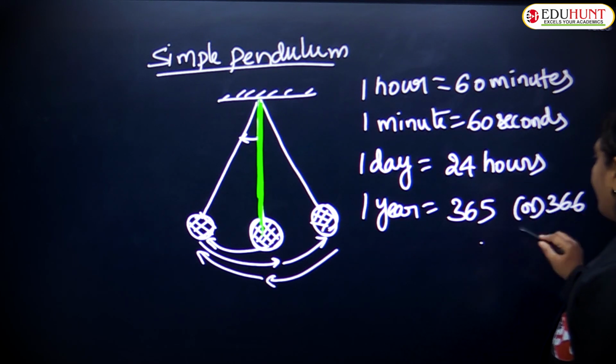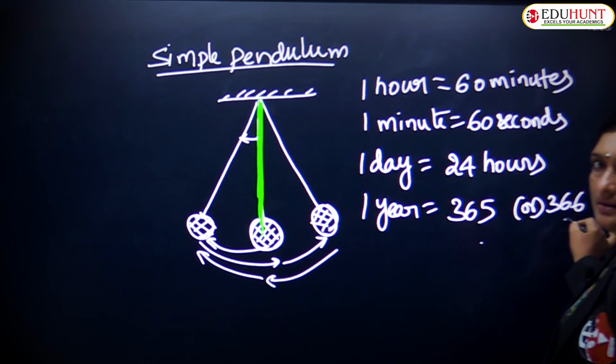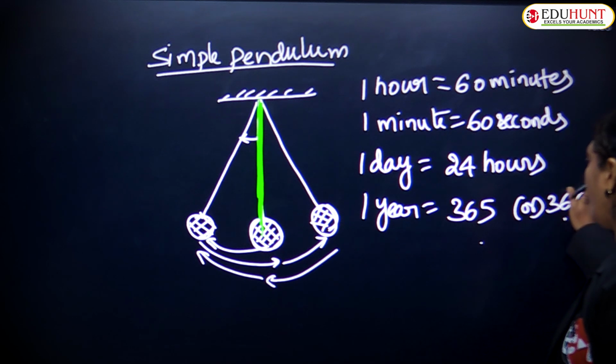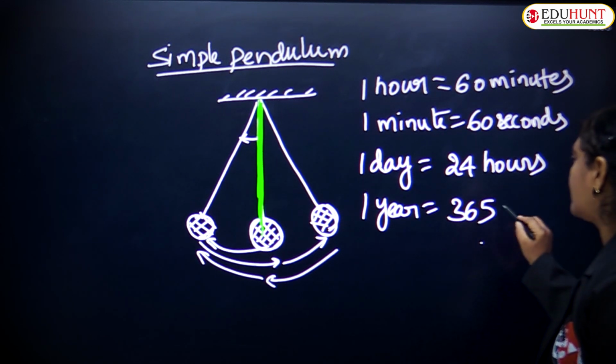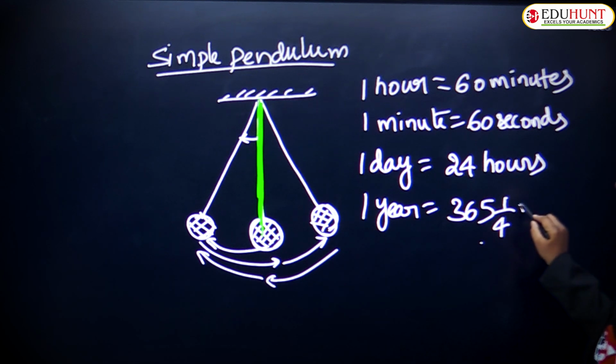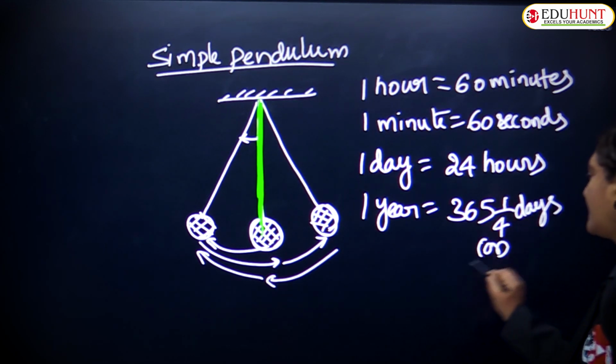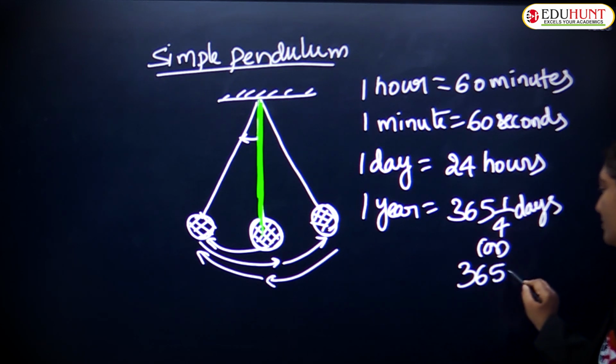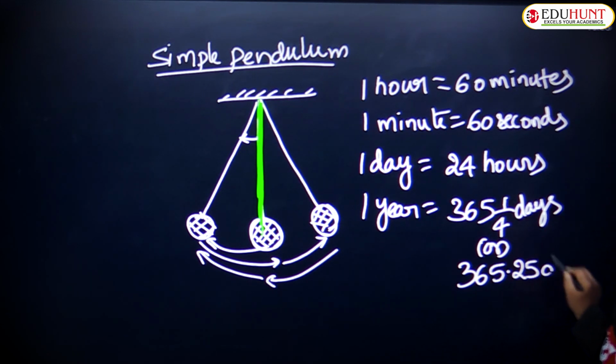But every 4 years, this 1 day is being counted. Instead, the exact value is 365 1 by 4th days, which can also be written as 365.25, since 1 by 4th means 0.25 days.